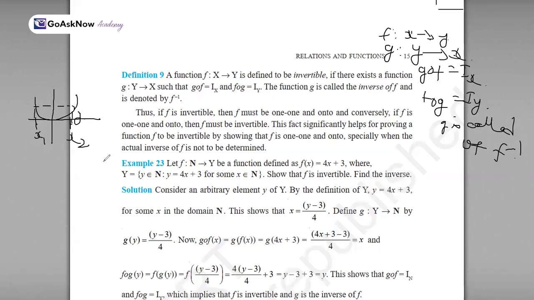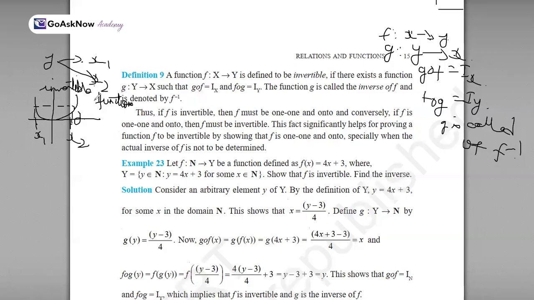So if you invert it, y has a relation to both x1 and x2, so it will not be an invertible function, because it is related to two elements of set B. That is why it should be 1-1 also, and onto also.